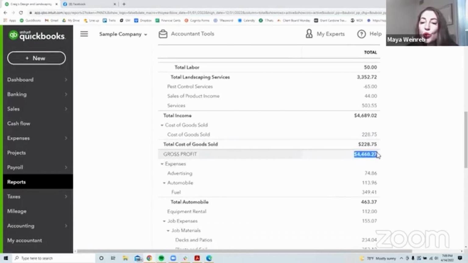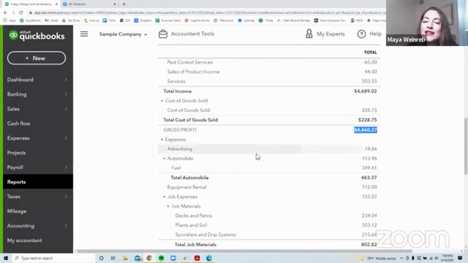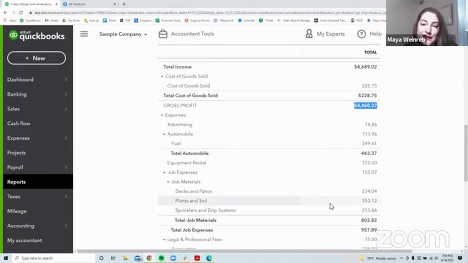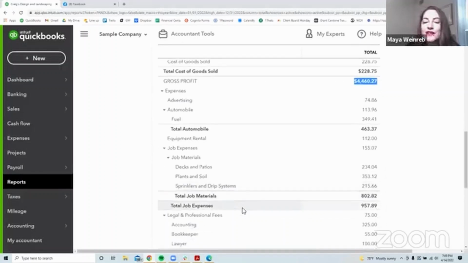Now it shows you your gross profit, gross meaning total before other things are taken out, and then it's going to list your expenses. Now Craig's landscaping company doesn't have a lot of expenses that your company might, but this is a good place to start. So you've got advertising, you've got automobile costs, you've got equipment rental, he's got job materials, which why he has those here and not cost of goods, I don't know, but in the end, it's all tax deductible.